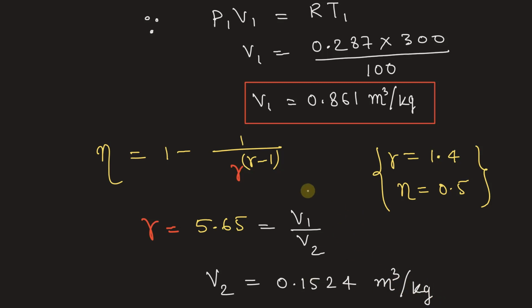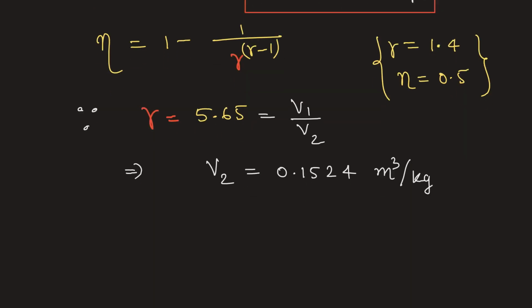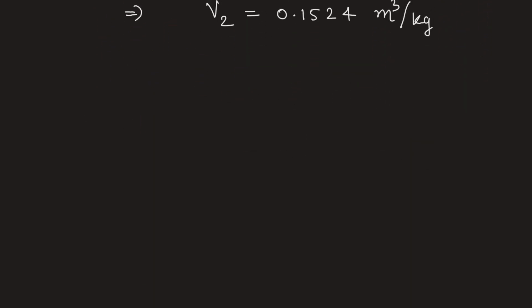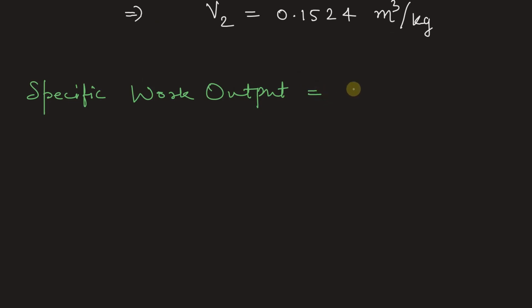For these calculations you can use the calculator. I'm just directly substituting in the calculator and getting the value. Next, the main goal of this problem was to find the specific work output. So let's write the specific work output, and this is equal to P, that is mean effective pressure, multiplied by the swept volume, V swept.